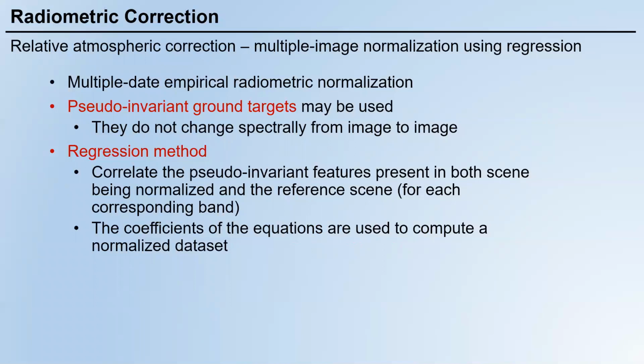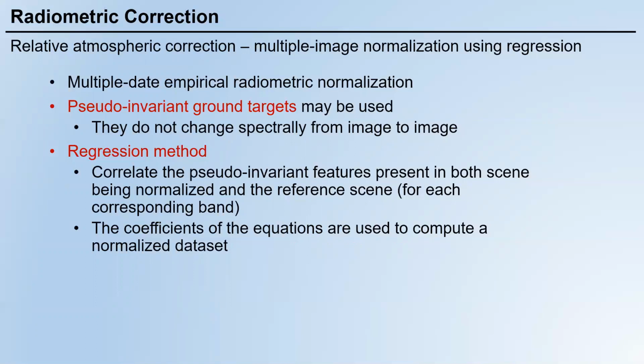So what could be a great choice for pseudo-invariant ground targets? For example, a parking lot covered by asphalt. The reflectance spectrum of it does not change through time, through seasons. Even if the surrounding environment changed, its own reflectance spectrum will not change.